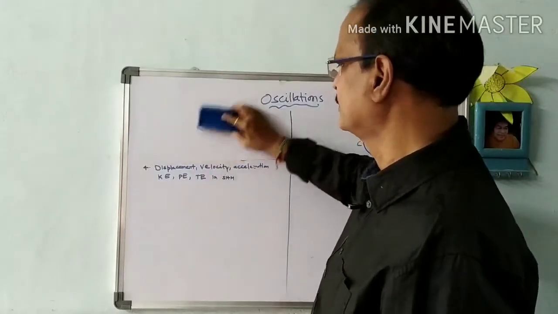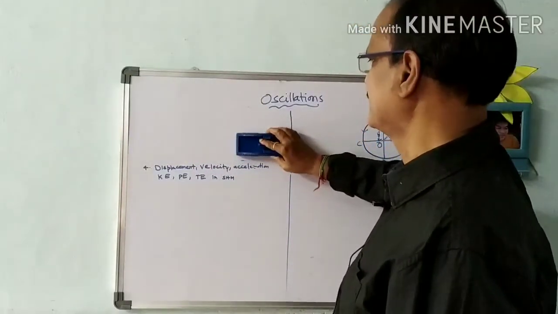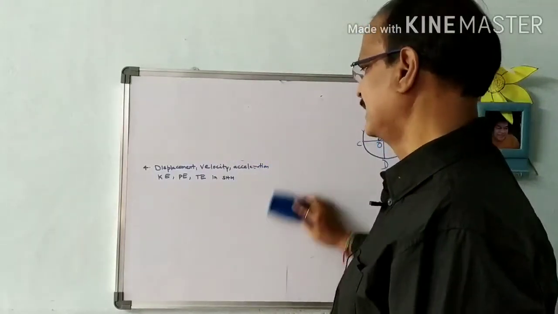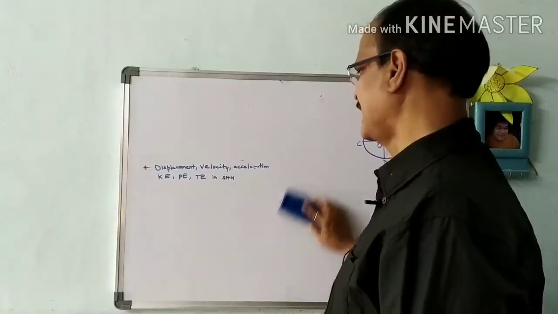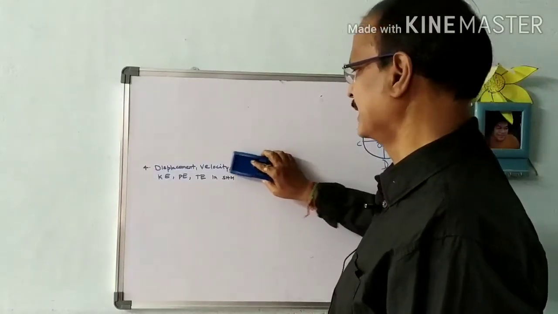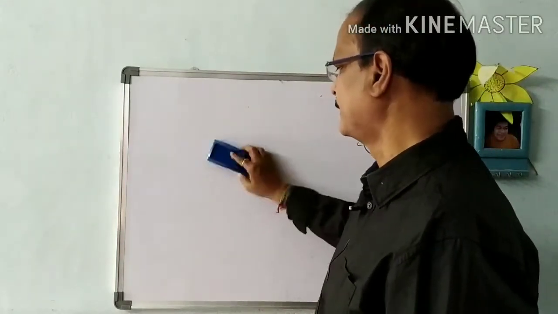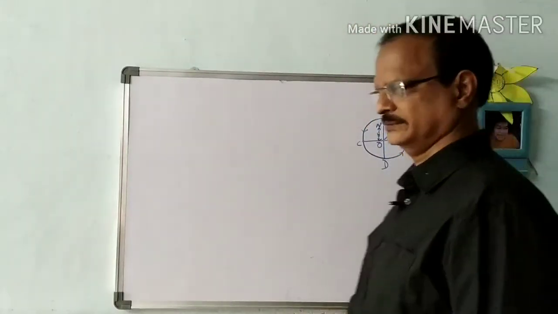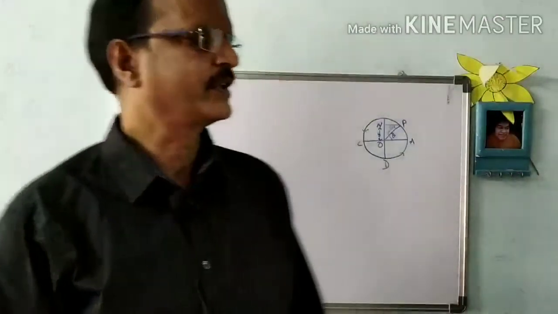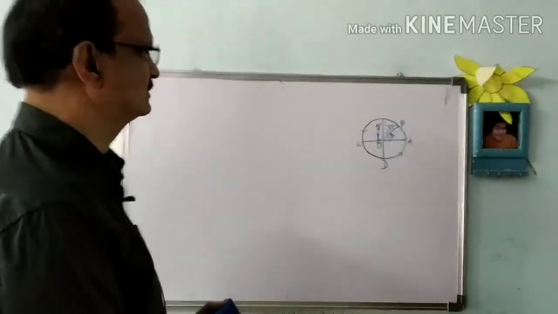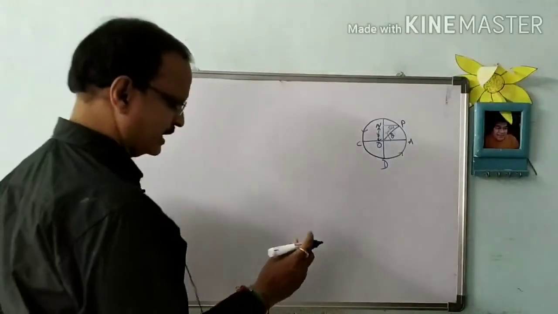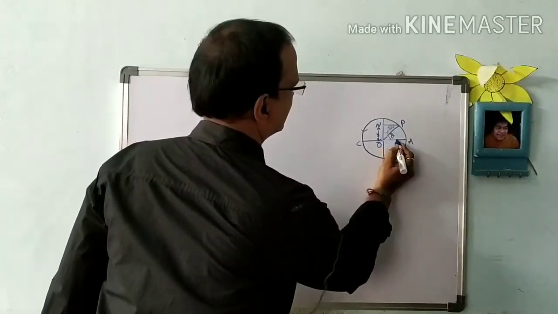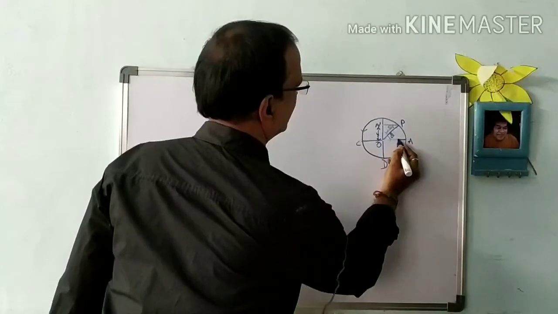Now I want to discuss the displacement, velocity, acceleration, kinetic energy and potential energy in simple harmonic motion. Here we are considering a particle moving in a circular path.